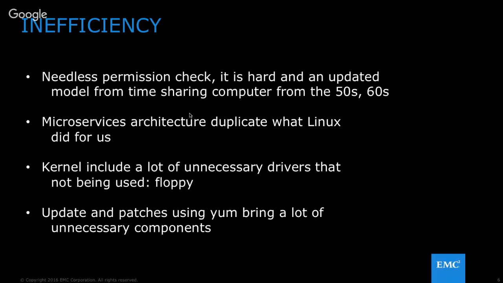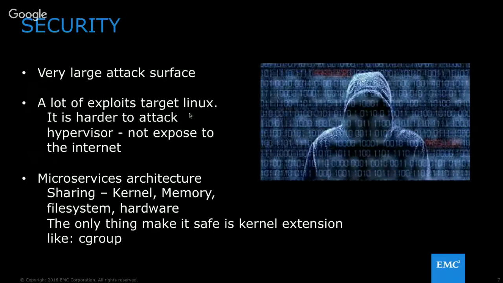We also have USB when we're running on the cloud, even though you can't really get to the machine, you still have the USB driver and so on. So a lot of unnecessary components. If I'm running on Fedora and I'm doing YAML, or I'm running on Ubuntu and I'm doing GitHub, there is a lot of unnecessary components that get downloaded. So again, a lot of inefficiency.